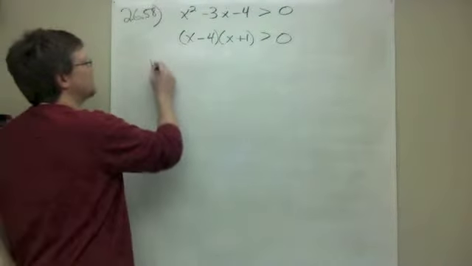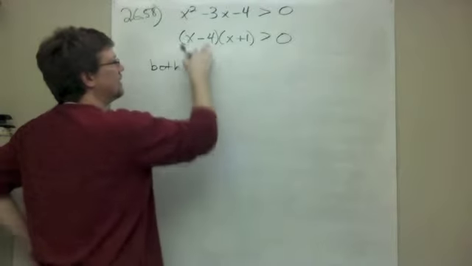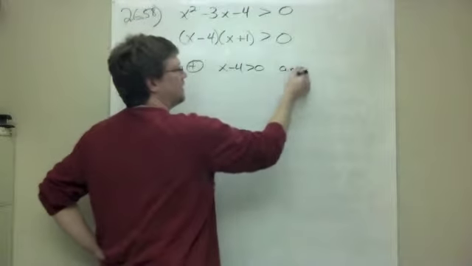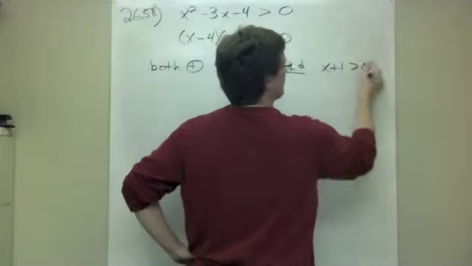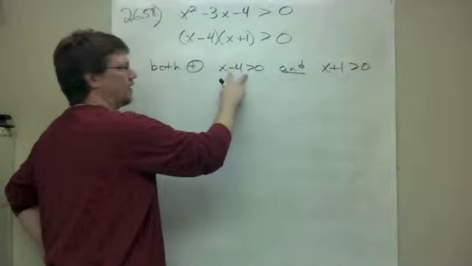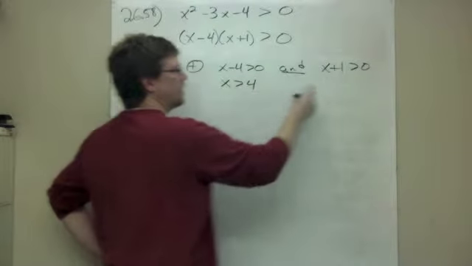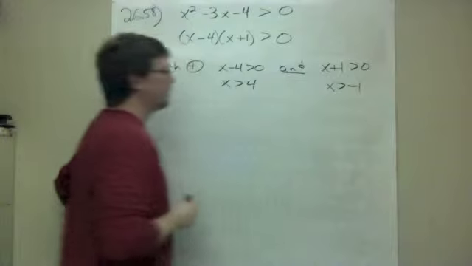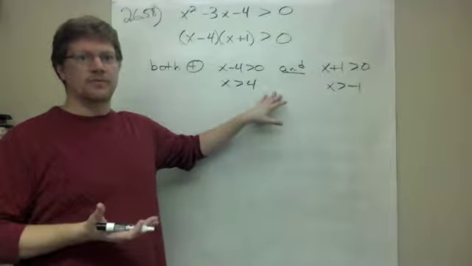If they're both positive, that means x minus 4 is greater than 0 and x plus 1 is greater than 0. We add 4 to both sides here, so x is greater than 4. We subtract 1 from both sides, so x is greater than negative 1. Now, where are both of these things true?